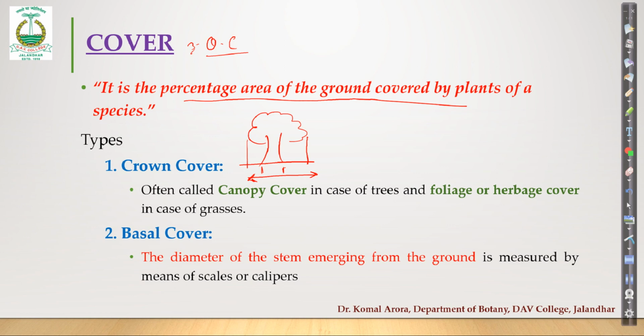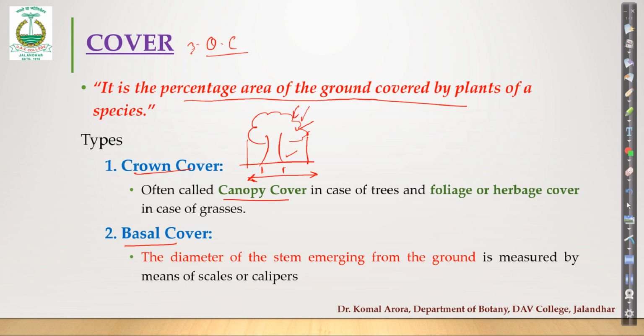So we can have the cover expressed in two forms, either in the form of crown or in the form of base. So these are the two types, crown cover and basal cover. What is crown cover? It is the canopy cover, because the limit to which the canopy is extended is going to affect the understory plants. How?